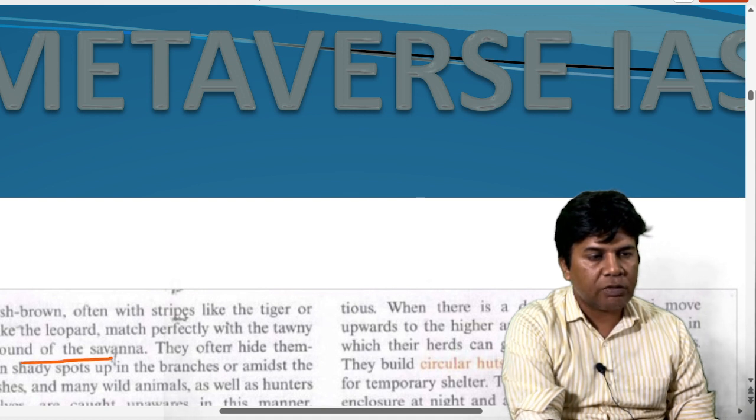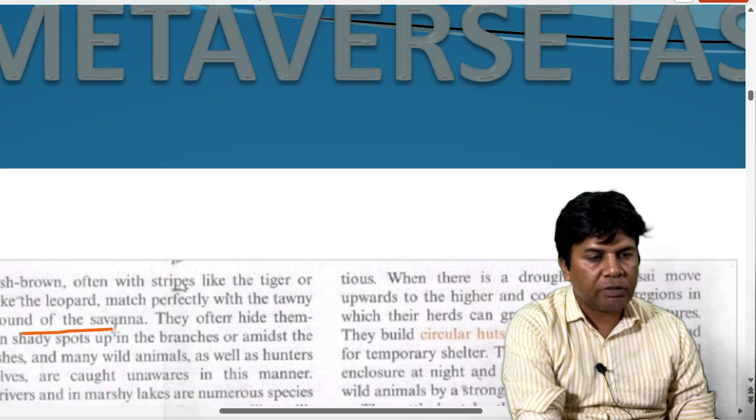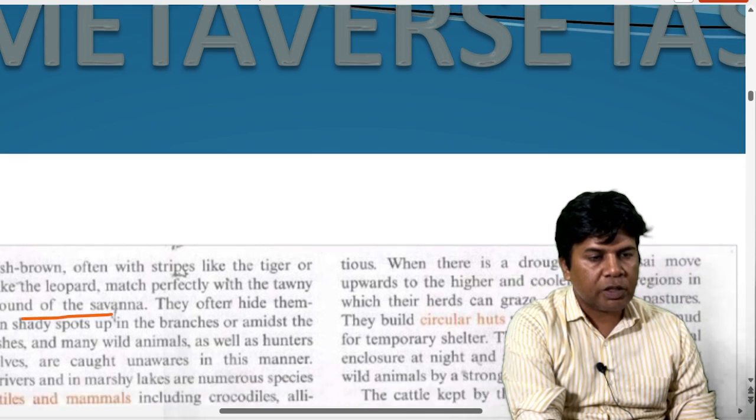They often hide themselves in a shady spot up in the branches or amidst the tall bushes, and many wild animals, as well as hunters themselves, are caught unaware in this manner.